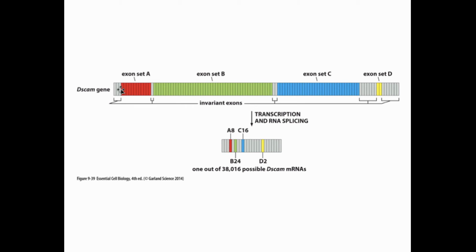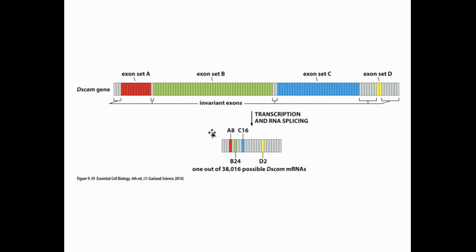It consists of repetitive sequences of DNA from which only one will be selected to be included in the messenger RNA. Likewise, from exon B, one of the green segments, just one, will be selected to be included in the messenger RNA. Same for exon C and exon D.